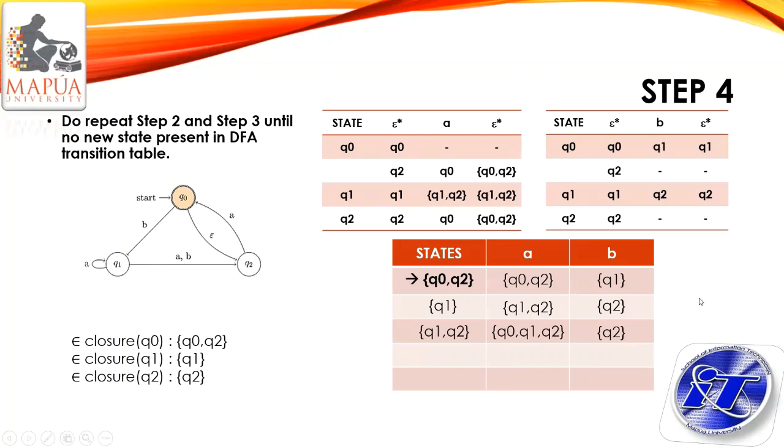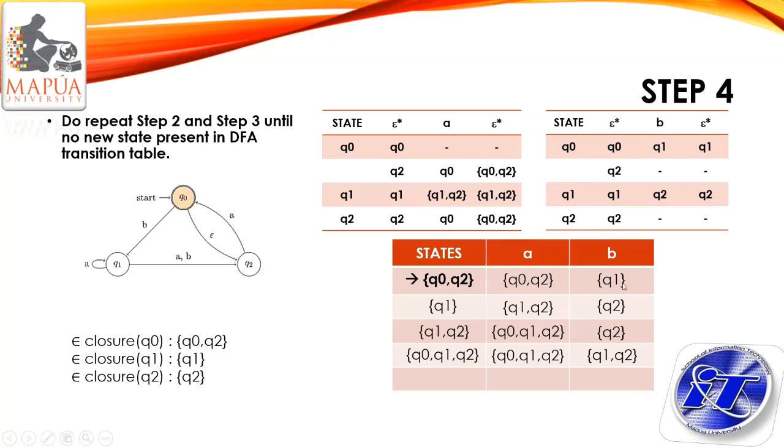So now we have a new state Q0, Q1, Q2, and no path for Q2 yet. Let's create a path first for Q0, Q1, Q2. If it's A, it will just loop within itself, because considering all paths, Q1, Q2 union with Q0, Q2 gives Q0, Q1, and Q2. But for B, it will just be Q1 and Q2.